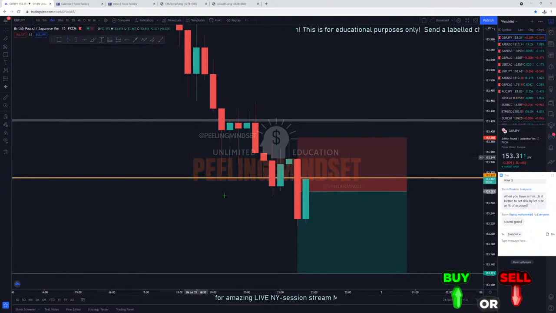At this point in time, the 15-minute candle, retracing aggressively, is still hanging around that 153.310 level. I don't like the way it's moving.